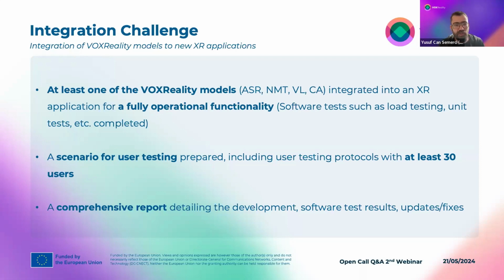In this challenge, we expect the applicants to integrate at least one of the VOXReality models. This could be speech recognition, visual language model, conversation agent, or machine translation. We want fully operational functionality, meaning that we also want to see software tests such as load testing, unit tests, and everything to prove that these functions are fully operational.